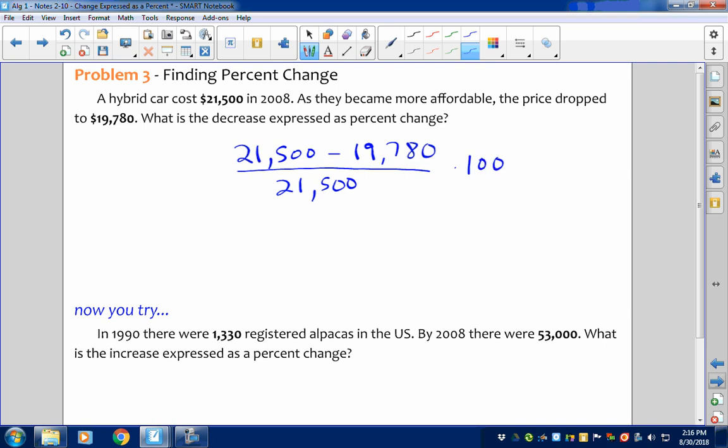Just be careful when you type this into your calculator. You either need to do the subtraction first, then divide, or put parentheses around it. I usually just do the subtraction, then divide by 21,500. I don't bother multiplying by 100. When it shows up as 0.08 something, you can just move the decimal 2 places over. So 8% decrease.